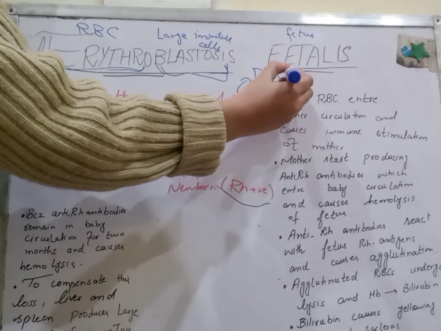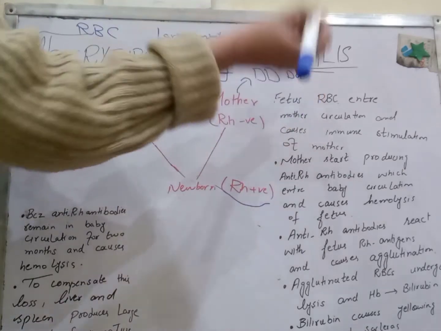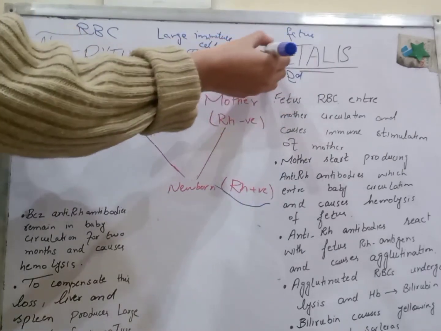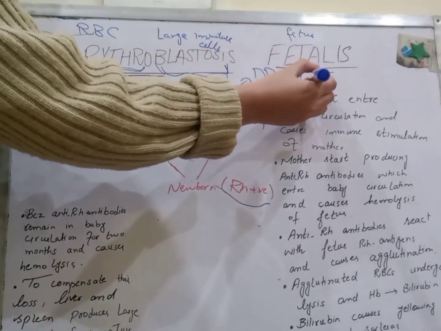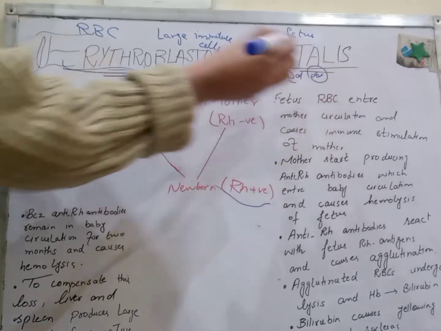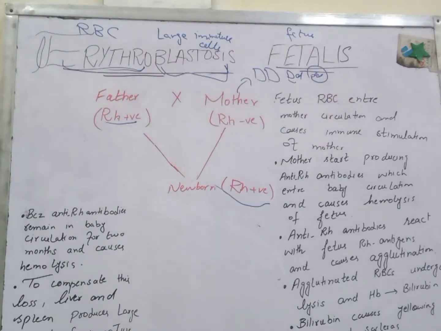And whenever there is a capital D and small d, again it's dominant, and the individual will be positive. And then comes small d and small d. Small d is the case when the person will be Rh negative, meaning there will be no Rh antigen on the RBCs.